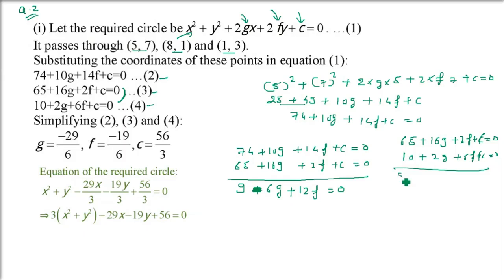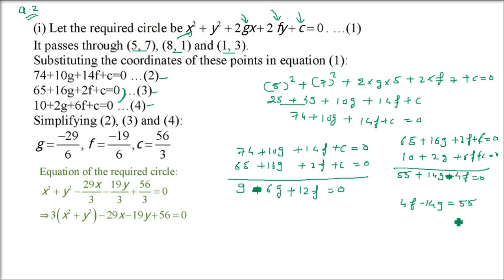And you have 16g minus 2g, that is 14g. And then you have 2 minus 6, which is minus 4f. And c gets cancelled. So now you have two equations with two variables and you are able to solve it. I hope you got the idea.